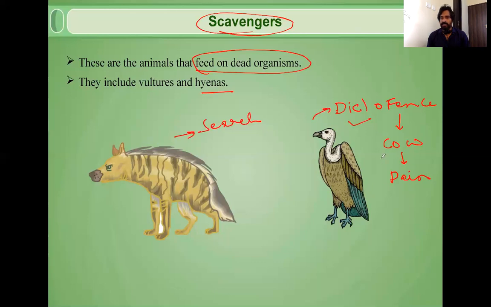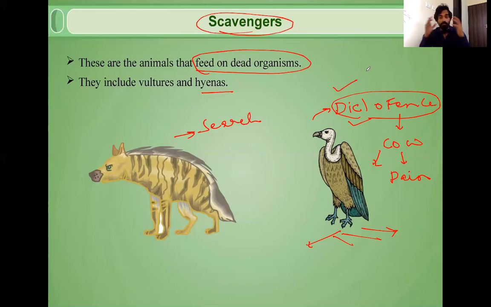But when this cow dies, vultures go and eat this dead cow, and the diclofenac goes inside the vulture's body. This diclofenac is bad for the vulture's kidney, and that's why their kidney fails. And when the kidney fails, vultures start dying. So lots of vultures got killed because of this diclofenac, and the government has now banned the use of diclofenac itself.